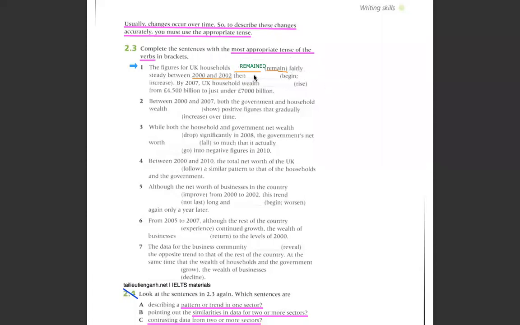All right, have a look at the next gap. Please write the correct word in the chat box.